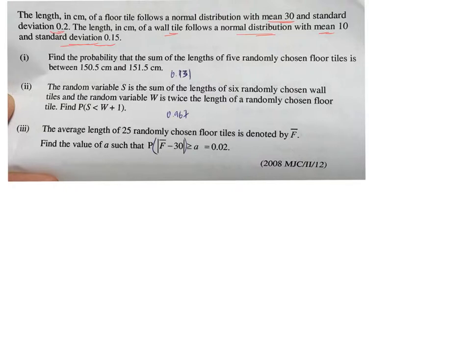Because you even start the question that you later on need to define. You always have to start by defining your random variable. So what will I do? I'll say, let A be the random variable denoting the normal distribution of the floor tile.